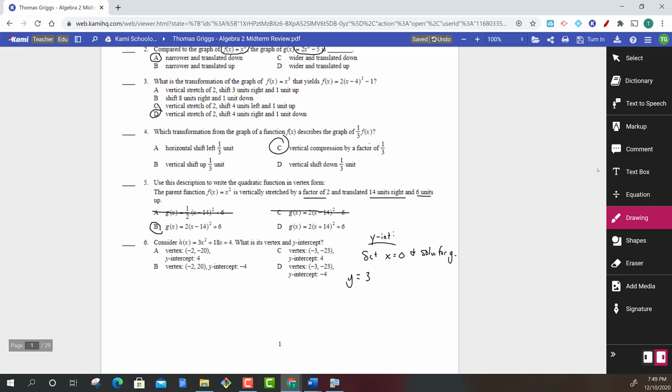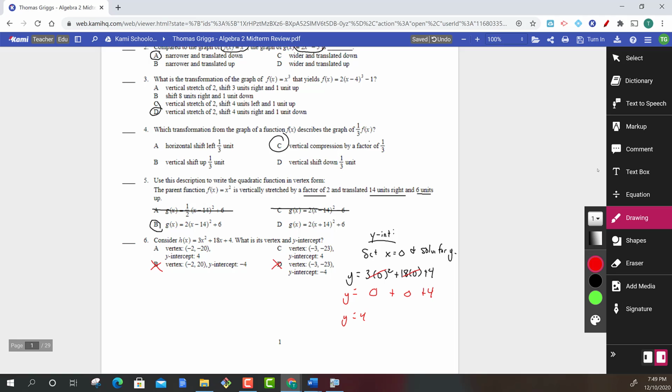So the y-intercept, I'm substituting 0 for x in a couple of different spots. And then this is pretty simple math. 3 times 0 squared is just 0, plus 18 times 0 is just 0, plus 4. So your y-intercept is 4. So you know it's not B, you know it's not D.